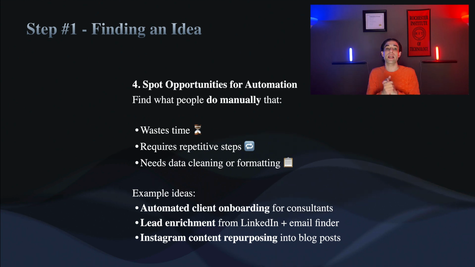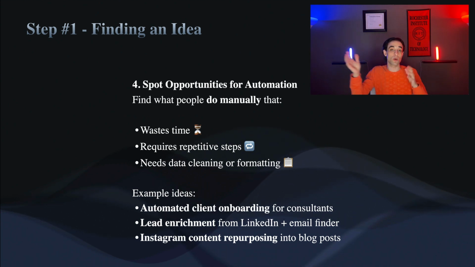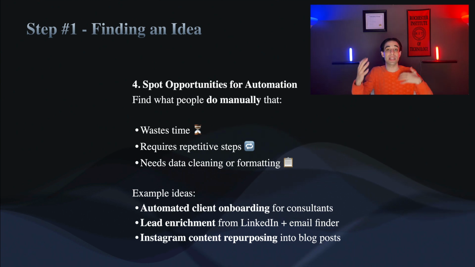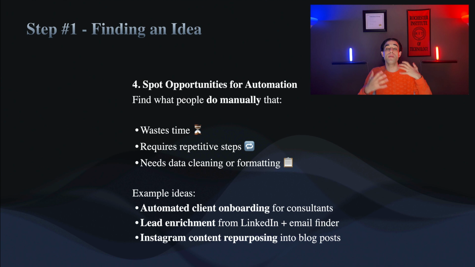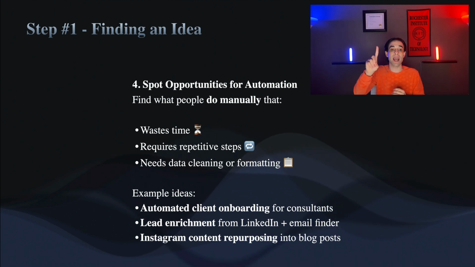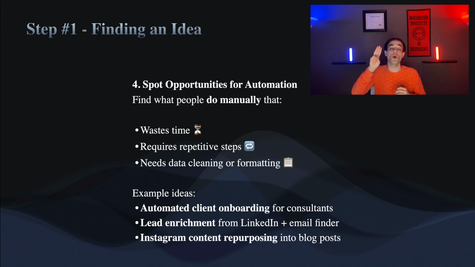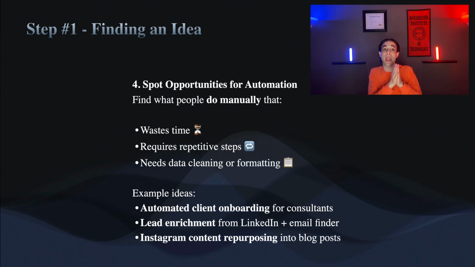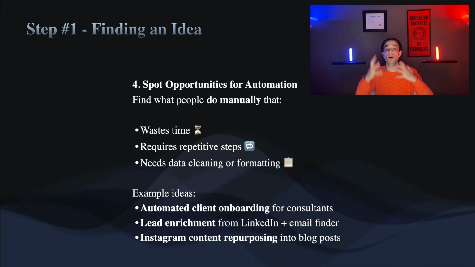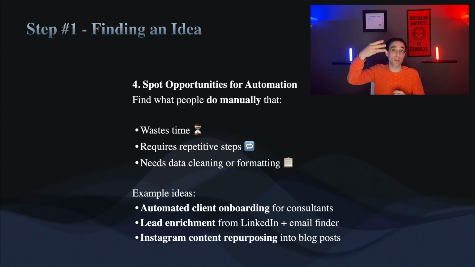And step number 4 is spot opportunities for automation. This is big, when the AI wave comes with a lot of automation. So find what people do manually that wastes time, requires repetitive tasks, and needs data cleaning or formatting. Automation is going to play a major role if a business or a person is struggling with any of these 3.